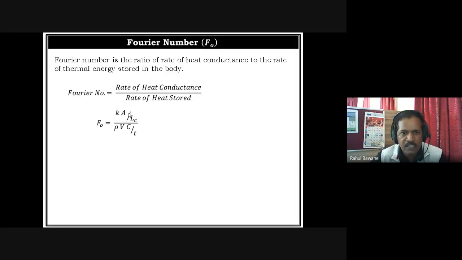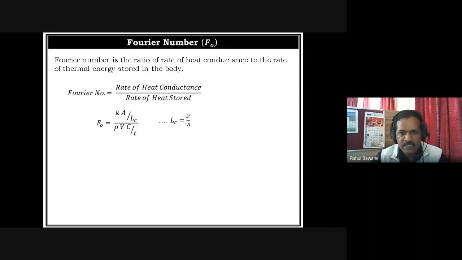Resistance is L upon K, so 1 upon L upon KA changes to the form KA upon Lc. And the rate of heat stored is rho Vc per unit time. Now simplify this. What is Lc? Characteristic length.